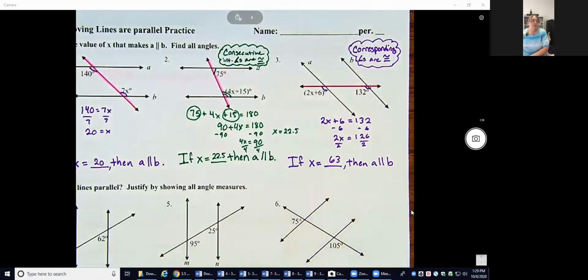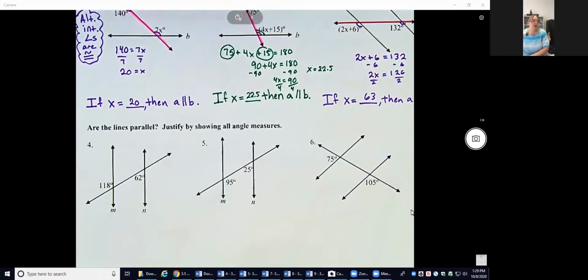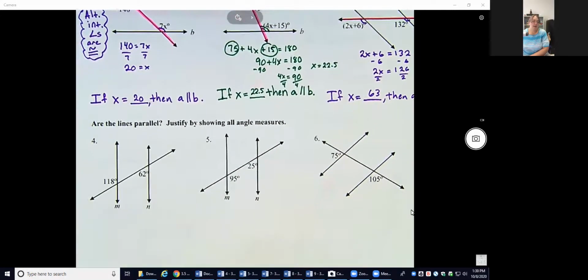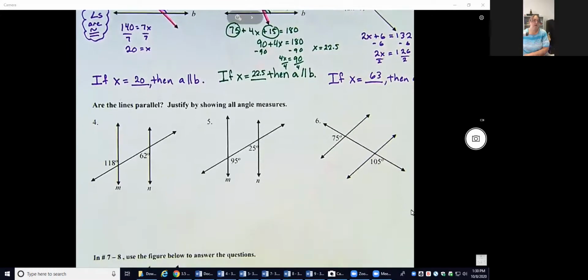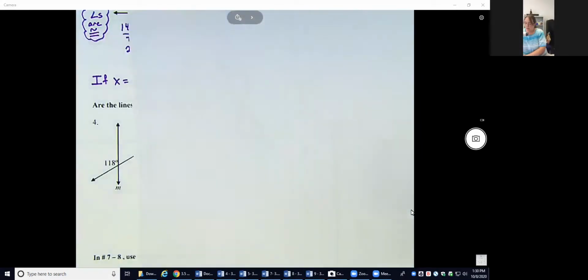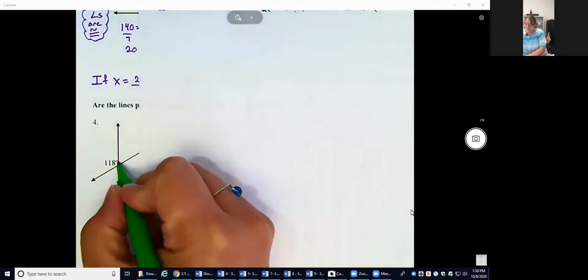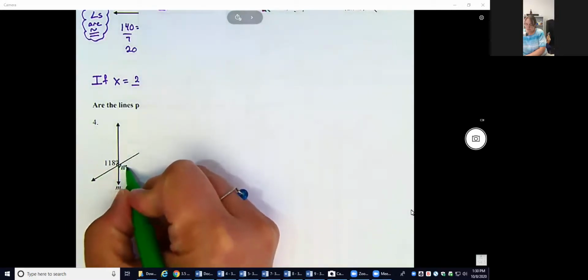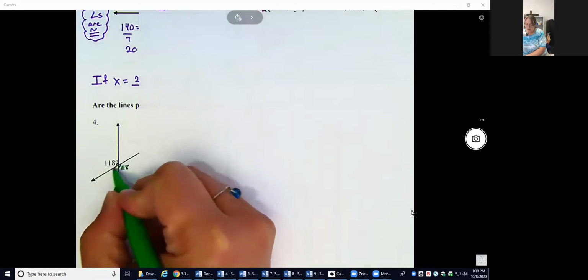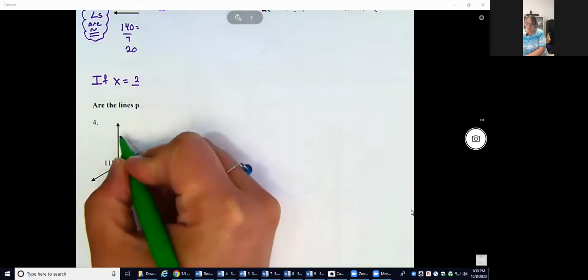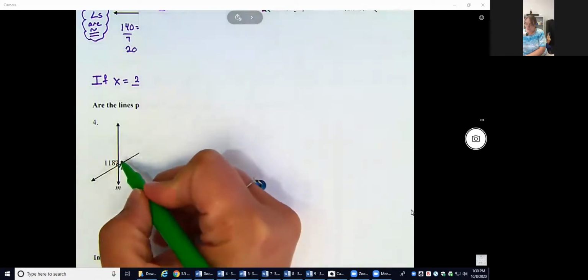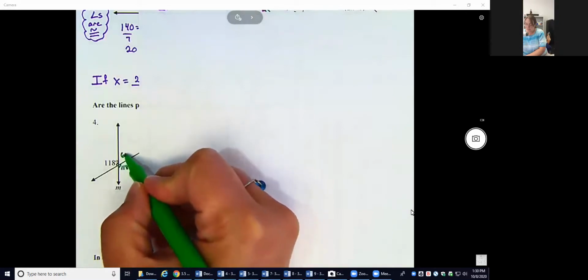Okay, problems 4, 5, and 6 ask you, are these lines parallel? So in order to figure this out, we have to justify this. So what I would ask you to do is to cover up one of those intersections and then fill in all of the angles. So the vertical to 118 is 118, and then a linear pair with 118 would be 180 minus 118, which gives you 62.